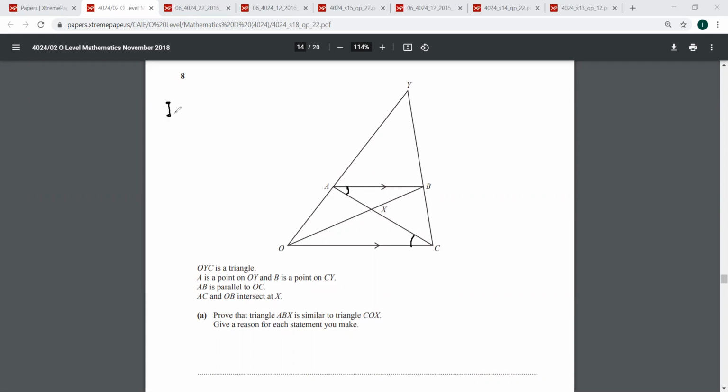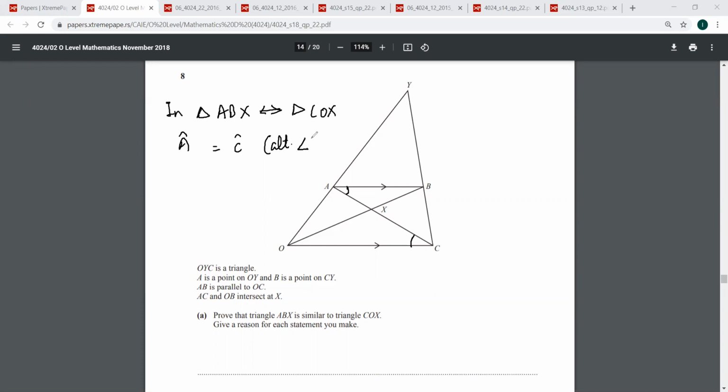And you should start by saying that in triangle ABX, in correspondence with the triangle COX, we can say angle A from here is equal to angle C from here, and these are alternate angles. Write this in the brackets.